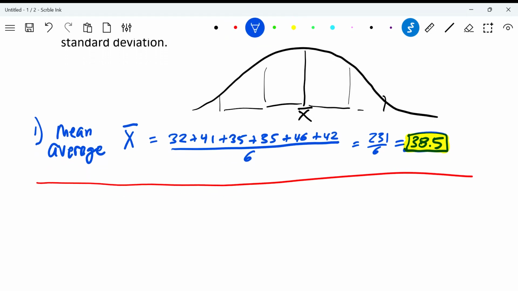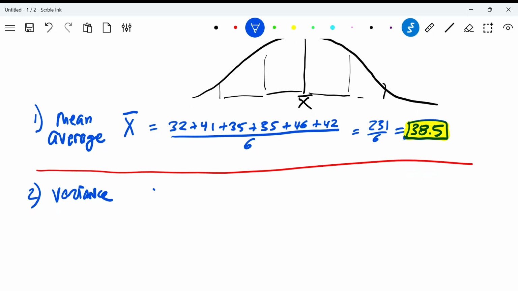Now, the second thing we will do is to calculate the variance. The standard deviation will be very easy because it's nothing more than the square root of the variance. We use this symbol, which is like an O with a little tail at the top of it, and squared.